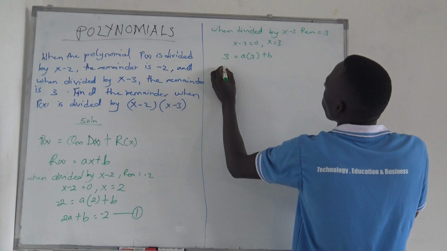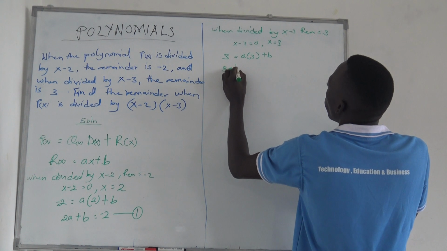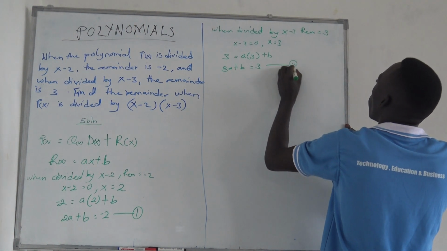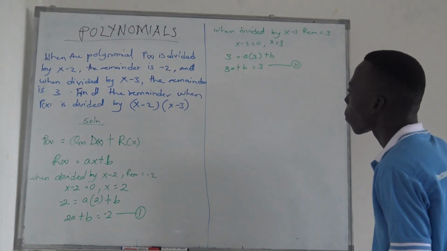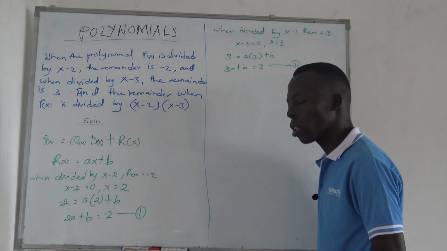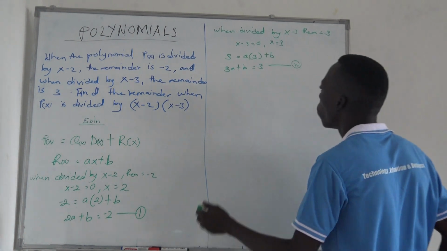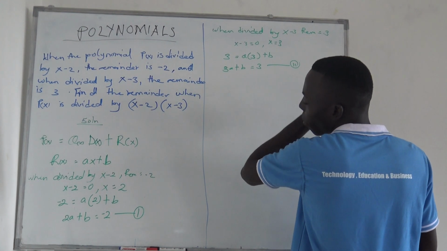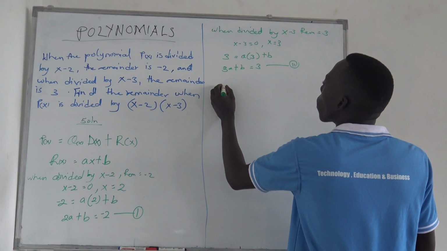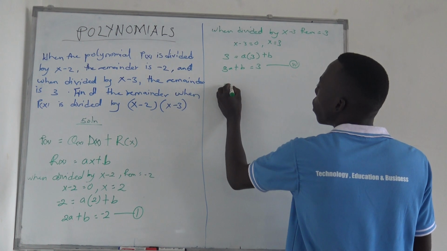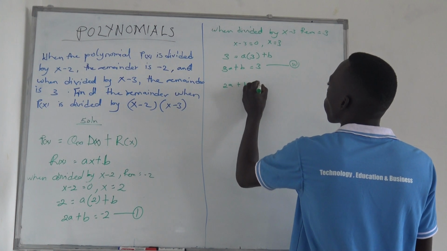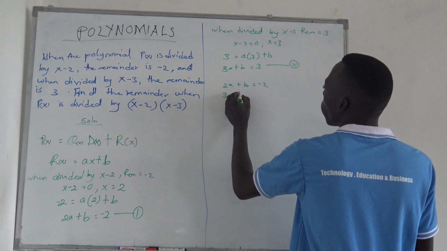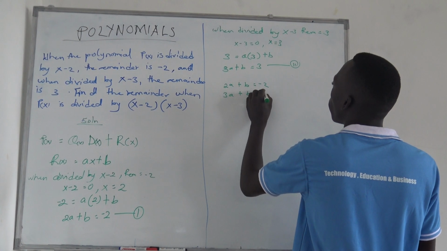So this becomes 3a plus b equals 3. That is equation 2. We solve them simultaneously to get the values of a and b. Equation 1 is 2a plus b equals negative 2, and equation 2 is 3a plus b equals 3.